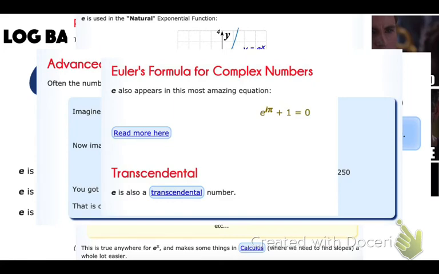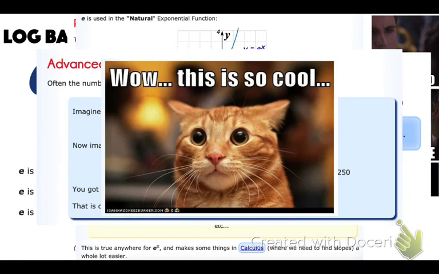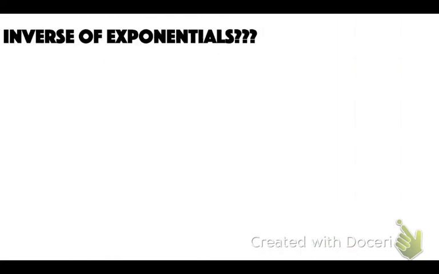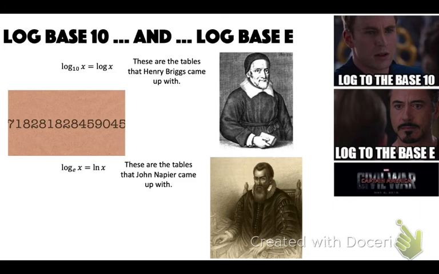And then there's Euler's formula. There's just a ton of applications for e, and if you are curious about them, I definitely would go look them up. It's pretty cool.